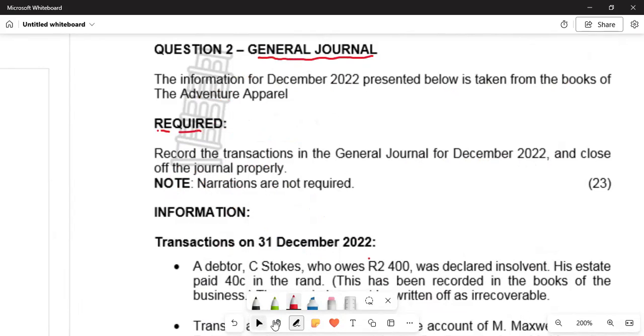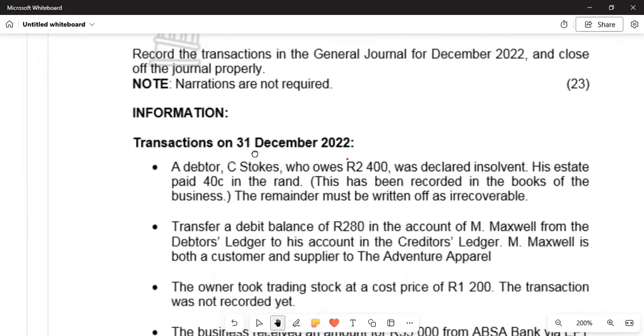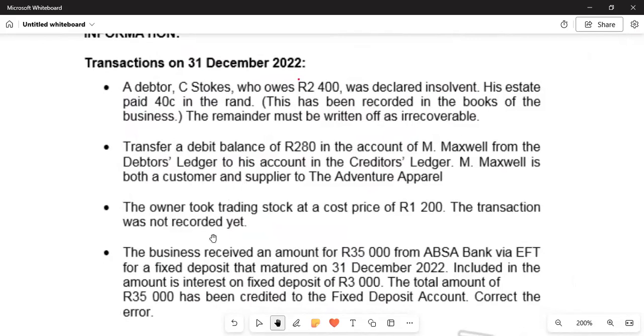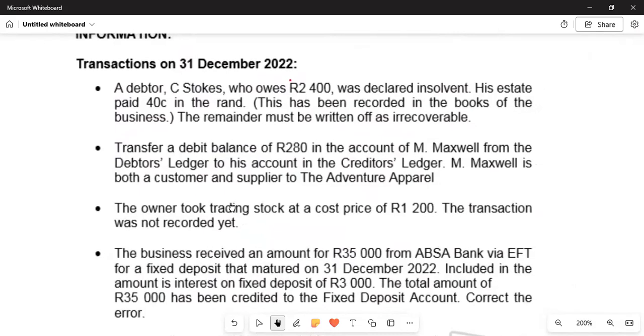So here is the information, whereby we're going to look at these transactions on 31st December 2022. So without wasting much time, it reads as follows.